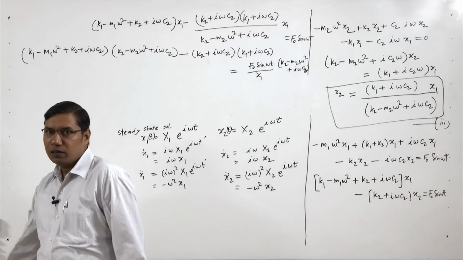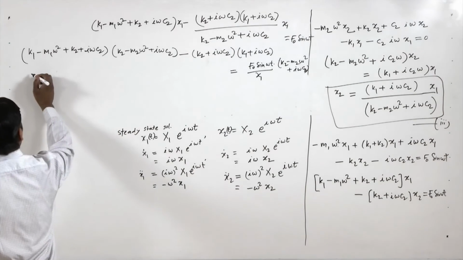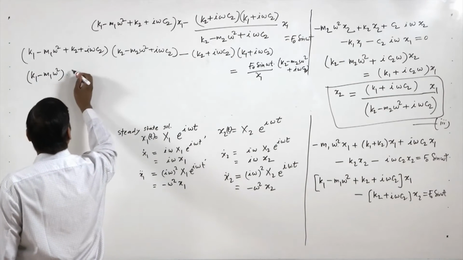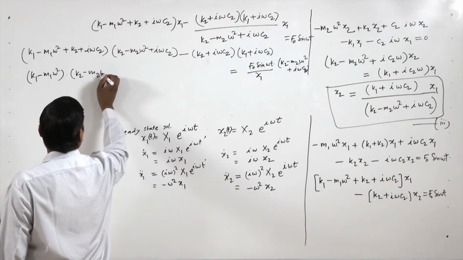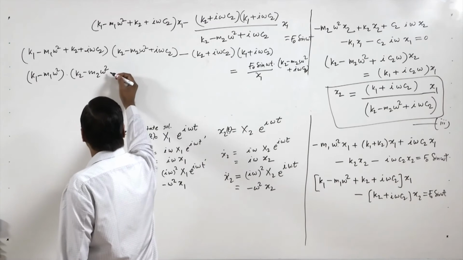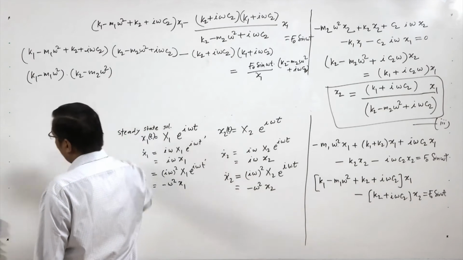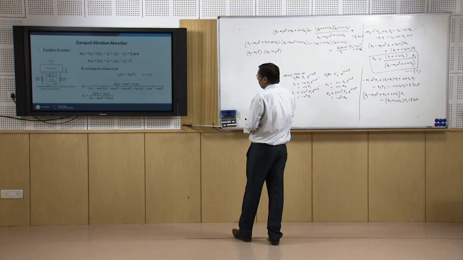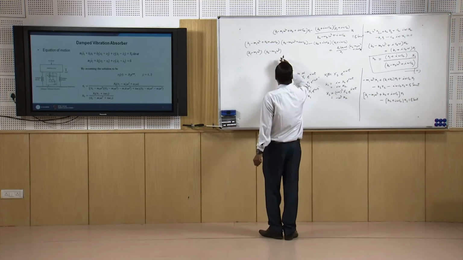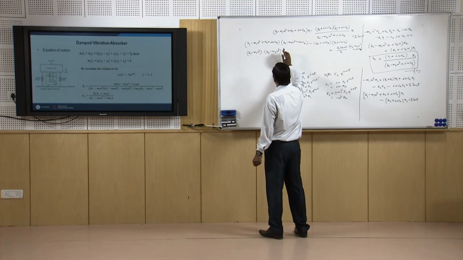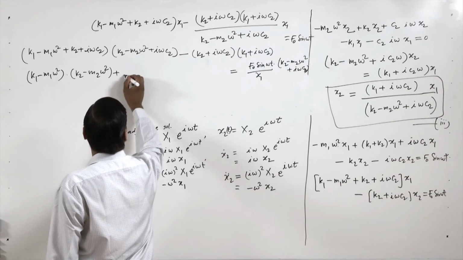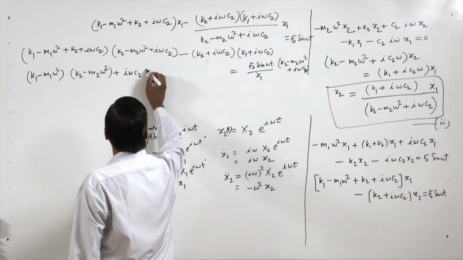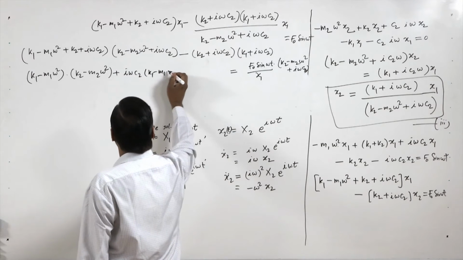Now we multiply it, so we multiply k1 minus m1 omega square into k2 minus m2 omega square, so we will have k1 minus m1 omega square and k2 minus m2 omega square plus I omega c2 into k1 minus m1 omega square.